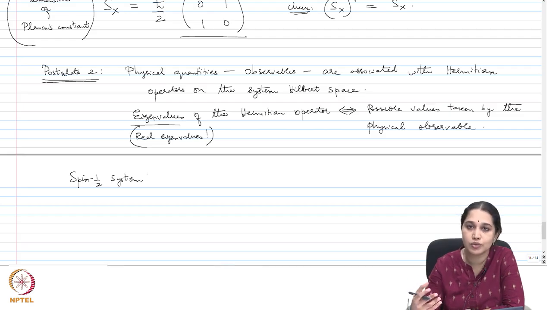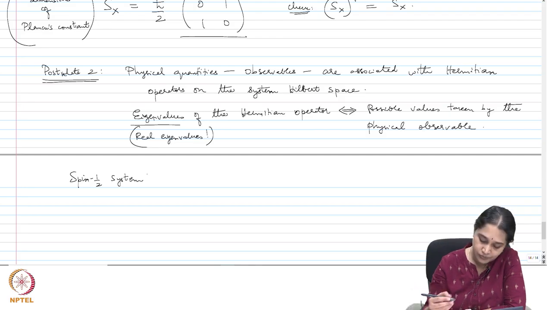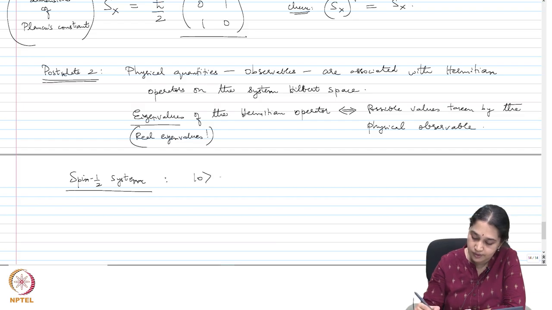It's just easier to talk in terms of spins, observables and spin values. So consider the spin-half system, and we said the spin can take two possible values. The ket 0, let's say, corresponds to the plus half value of spin, and ket 1 corresponds to the minus half spin state.